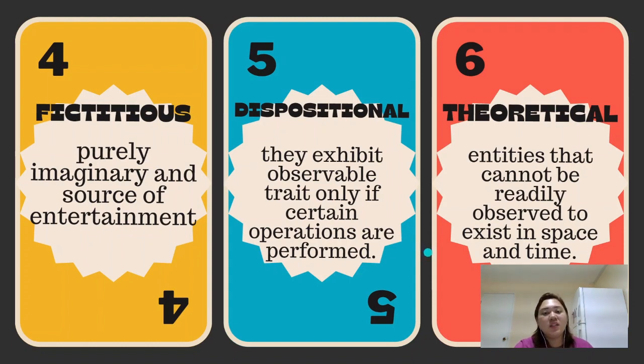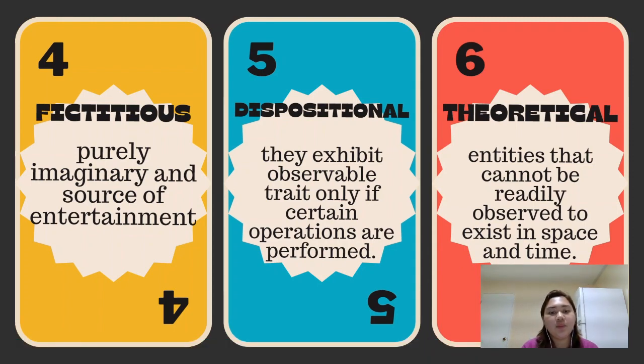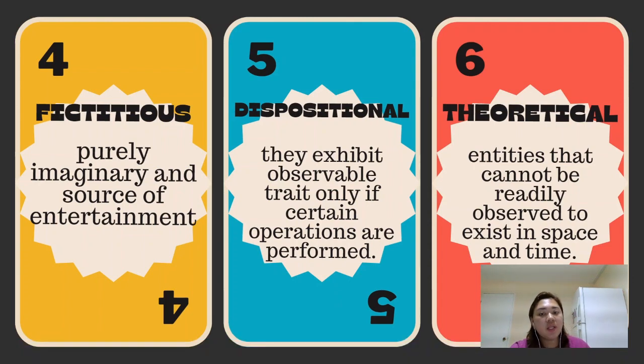Moving on to dispositional concepts. They exhibit observable traits only if certain operations are performed. You might be surprised to know that there are hybrid concepts that come from the sciences.